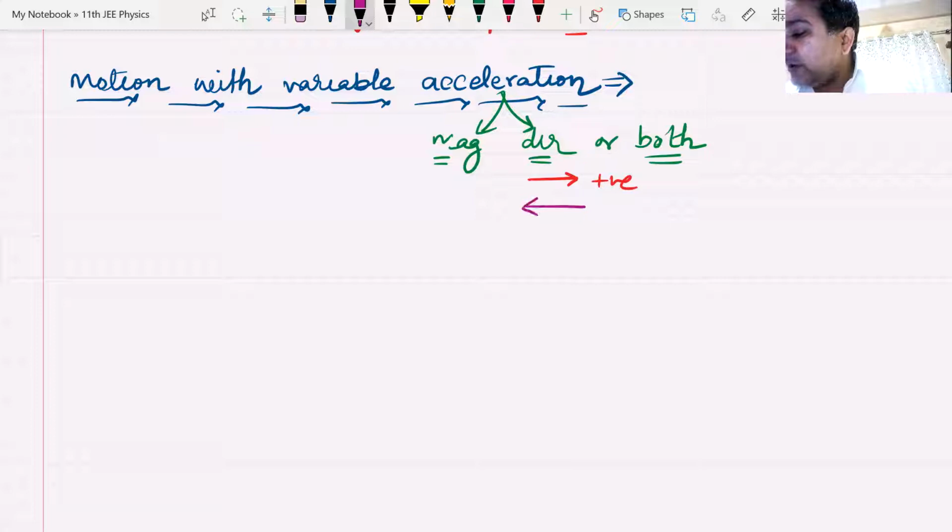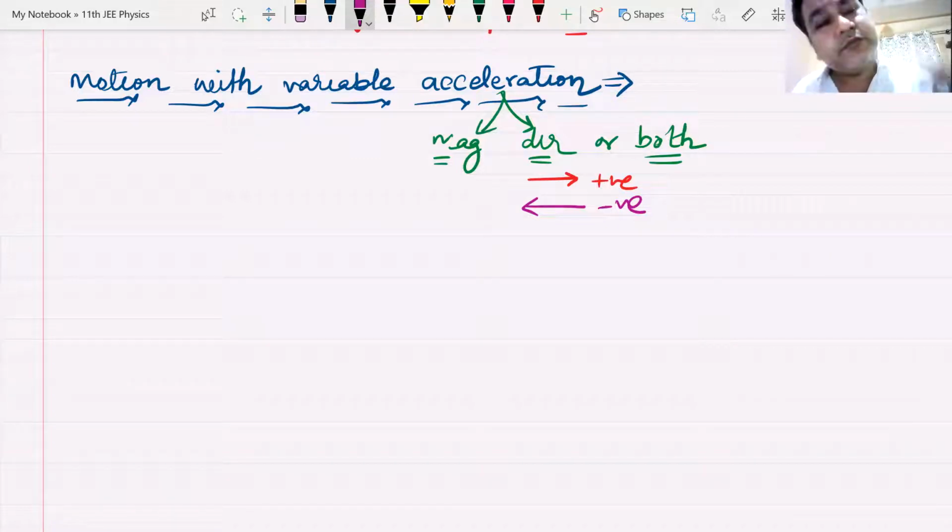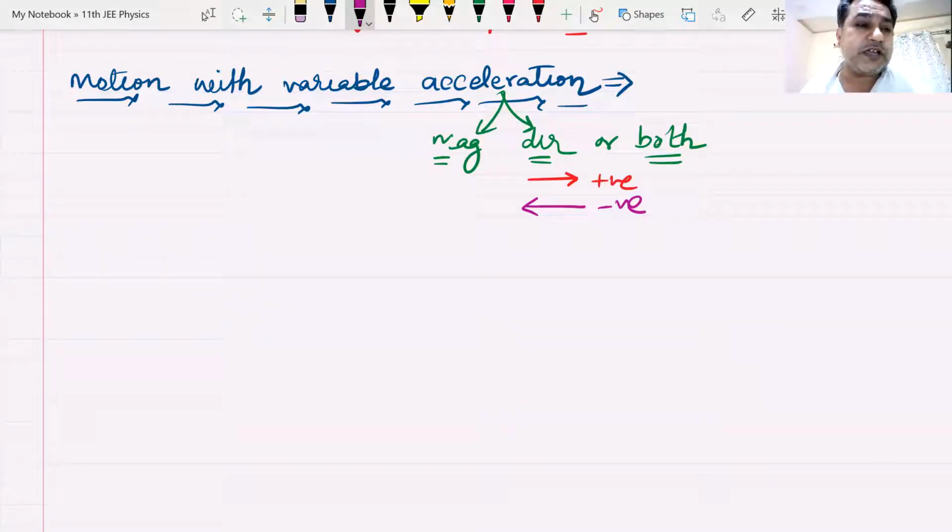So that is how it will change its direction. Sometimes it becomes positive, sometimes negative. Acceleration can definitely change in magnitude. So it can change in magnitude, it can change in direction, or both ways. Such acceleration will be known as variable acceleration.